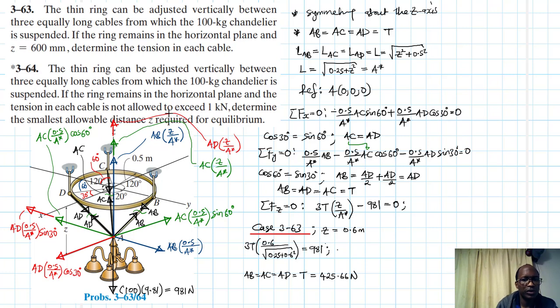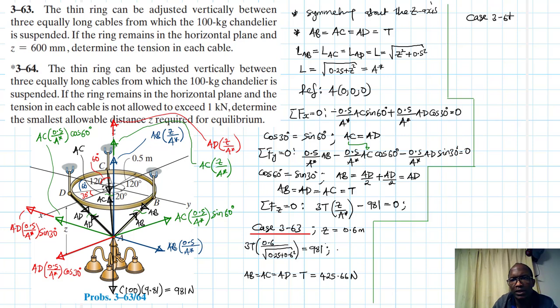So let's move on to the second case. What is the second case? That is case 3-64. There we go.